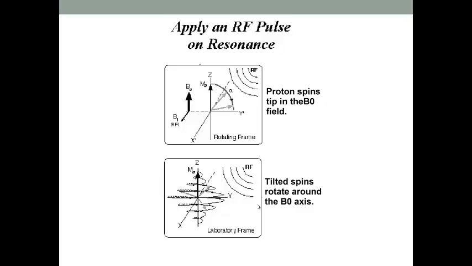So let's see the basic idea. Currently the net magnetization M is parallel with B0.